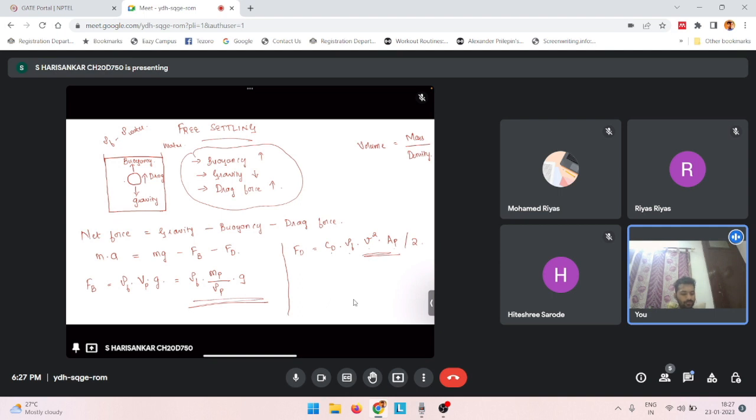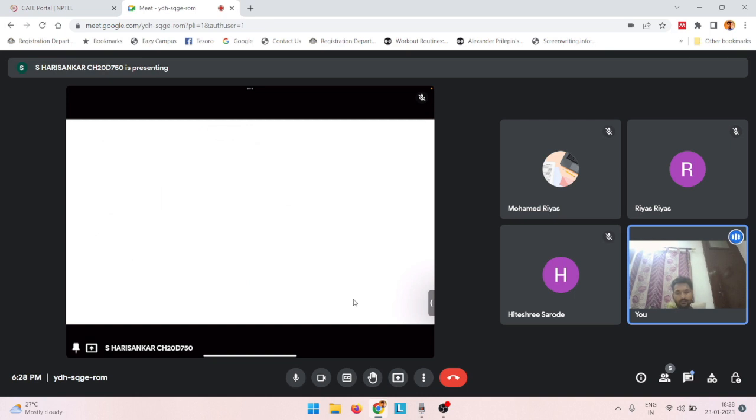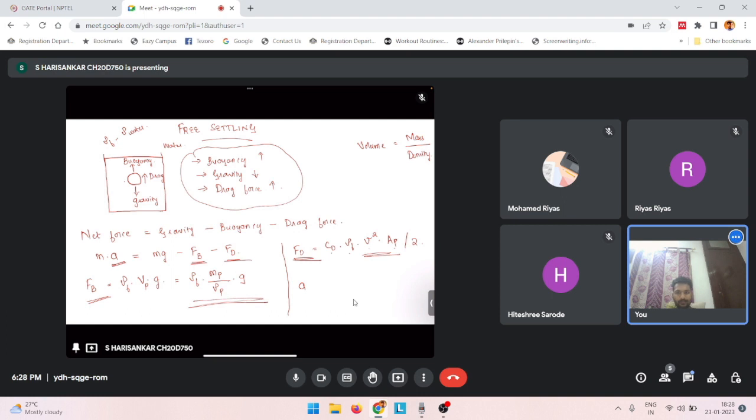Now what we have to do is substitute these two forces Fd and Fb in this force balance equation. Also, one more thing we can write here, this acceleration term a, you can write it as dv by dt. Acceleration is basically the time derivative of velocity. So now we'll substitute all these things in this force balance.